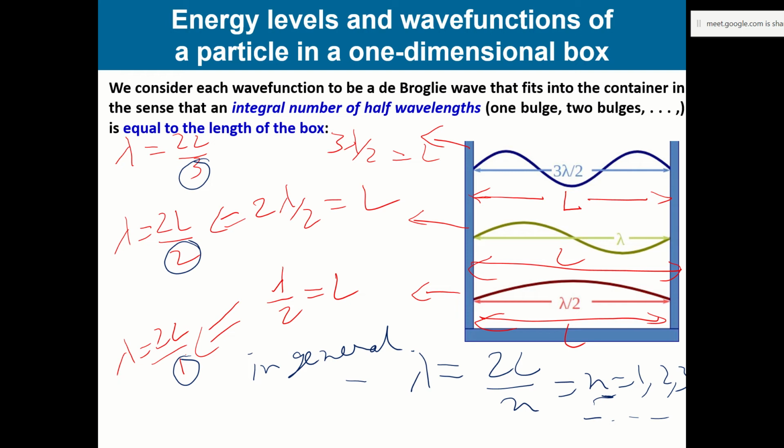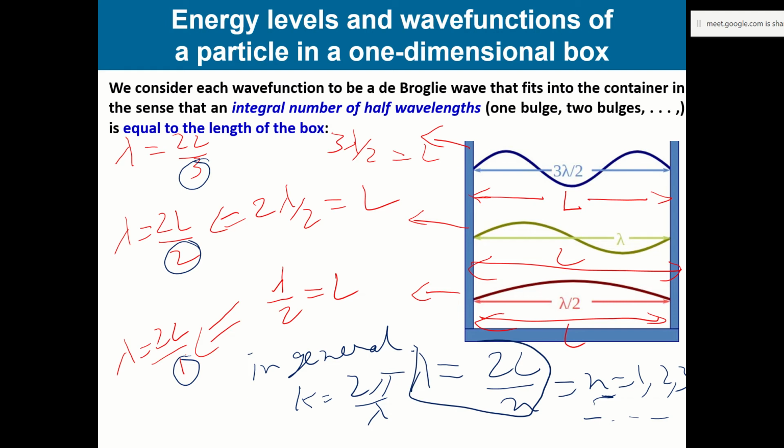So with the simple idea of fitting the waves, you are getting this, and now you can also extend this idea to find the energy, because you have known k is equal to 2 pi by lambda. 2L by n is the lambda, so substitute it here.